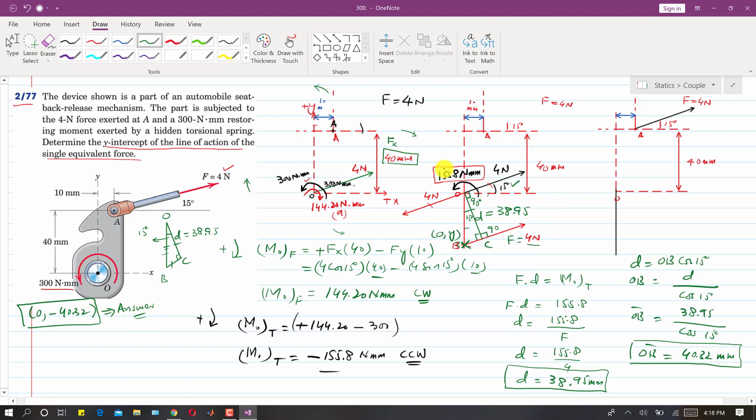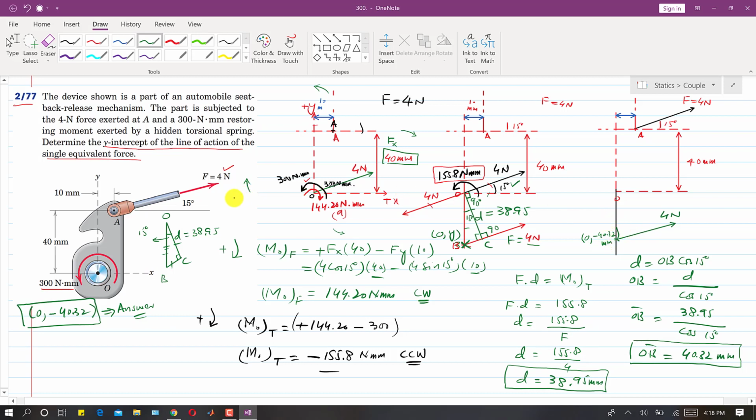Now if we replace this force couple system with a single force, we will draw this force here. Suppose this is that force of 4 Newton, and this is that point B, with coordinates 0, minus 40.32 mm.